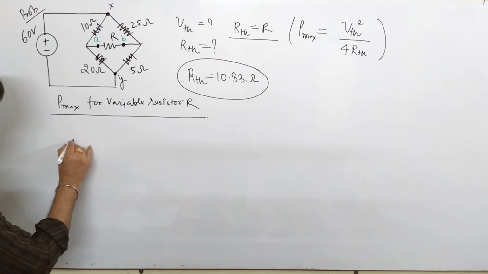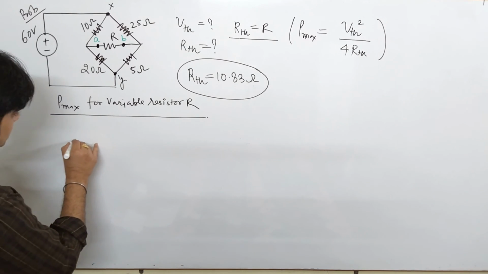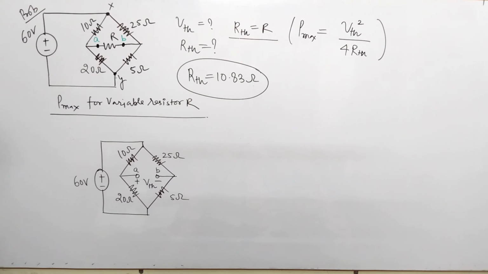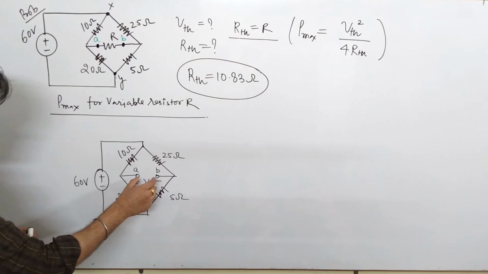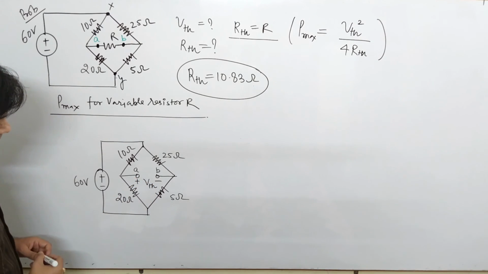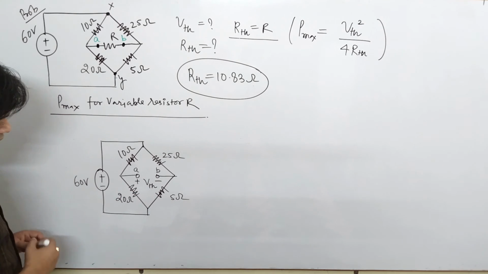Now I am redrawing this network. Here we find the value of VTH. As I said, VTH is the open circuit voltage across the terminal AB. So I have just mentioned it as open circuit terminal VTH. And here it is 10 ohm, 25, 20 and 5, and this is your 60 volt source.